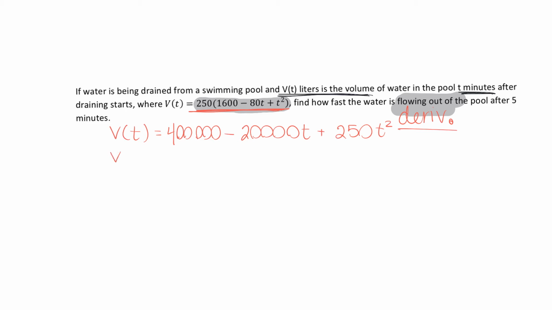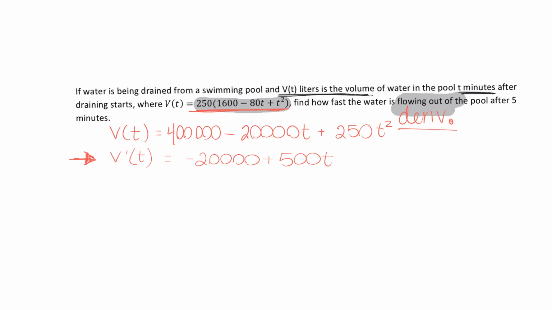If we take the derivative here, V prime of T, we're going to get minus 20,000 plus 500 T, right? All right, so this is the derivative, which is going to tell us about how fast water is flowing. Find out how fast the water is flowing out of the pool after 5 minutes.